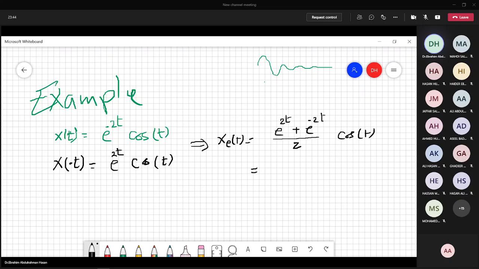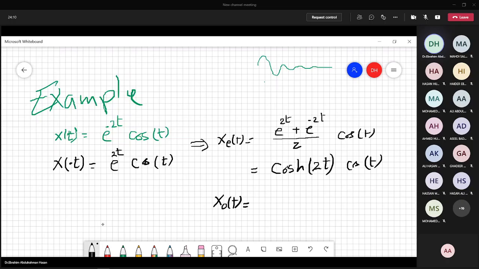What is this one? Cosh. Instead of sinh, it is cosh, like cosh 2t times cosine t.